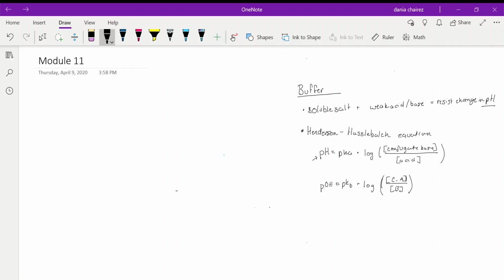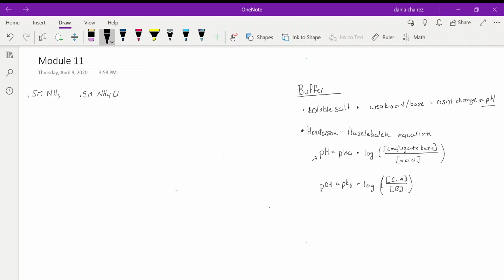So now let's say that I want to do a pOH problem with a base. So let's say that I have a 0.5 molar solution of ammonia and a 0.5 molar solution of ammonium chloride.